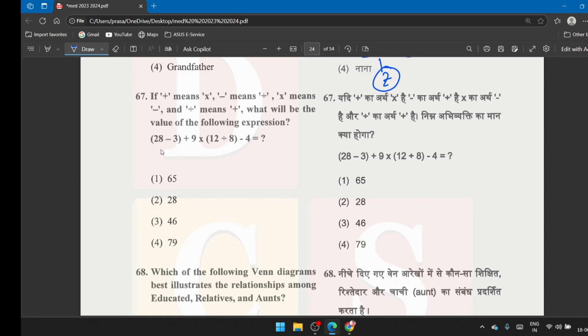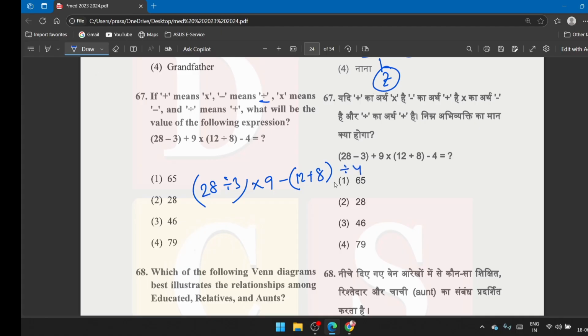Now, 28 minus 3, minus means division. 28 divided by 3. Plus means multiply. That is multiplied by 9. Multiplied means minus. 12 divided means plus. So 12 plus 8. And minus means division.